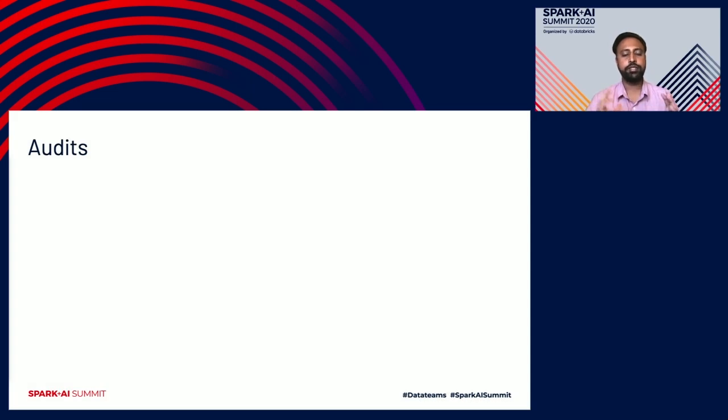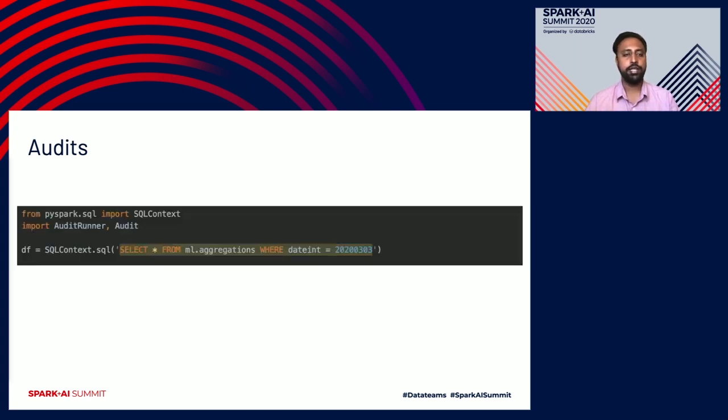So we talked about automatic distribution checks. When you have to do this automation, you need to be able to specify your audits in some sort of a DSL. So we're going to describe at a very high level the DSL that we use at Netflix. Here we are using PySpark. We are loading up the aggregations table for a given date int, and that gives us a data frame.